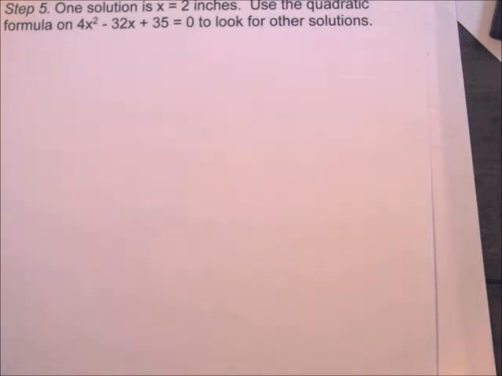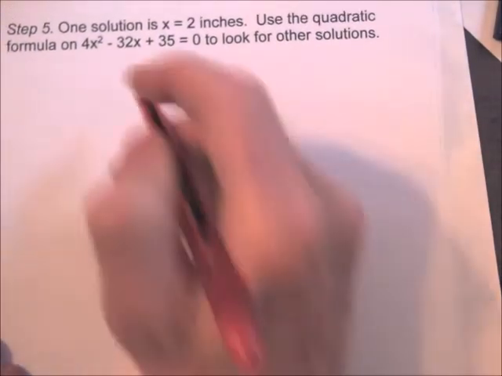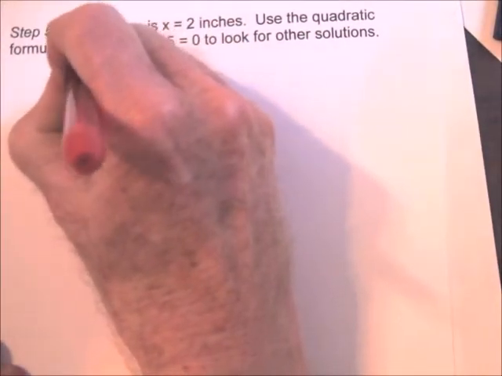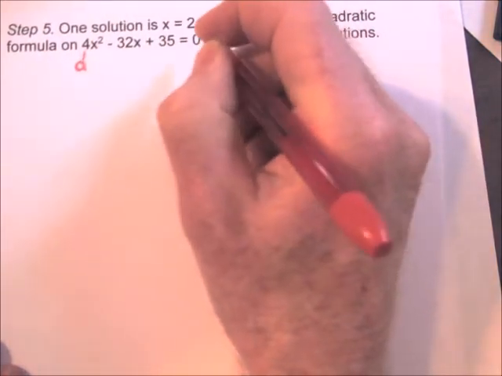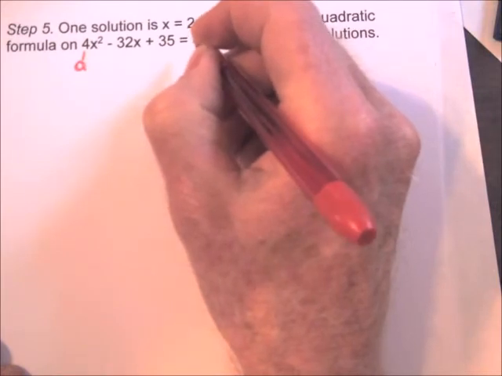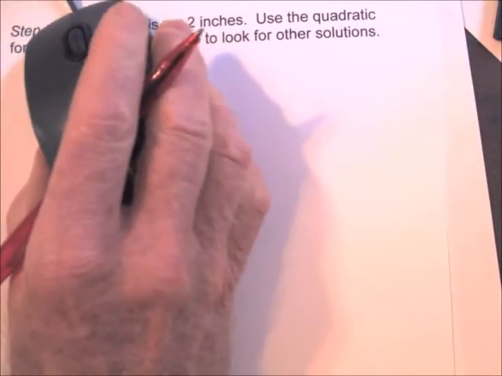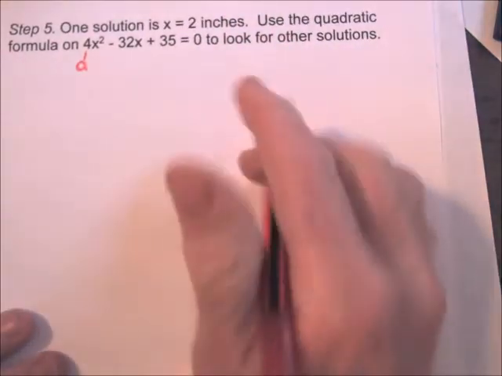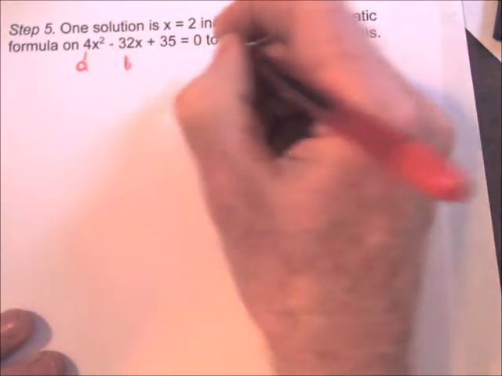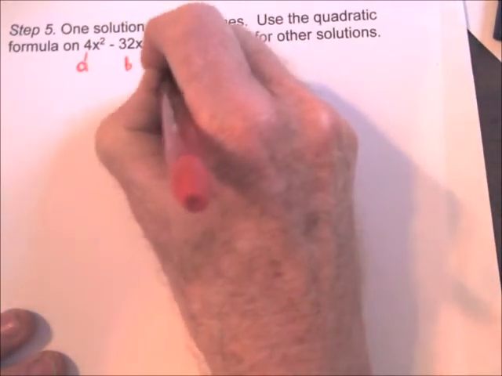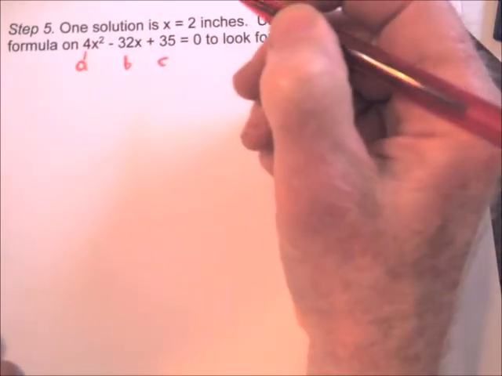A is the number in front of x squared, so A is 4, B is the number of x, which is negative 32, and C is the number by itself, which is 35.